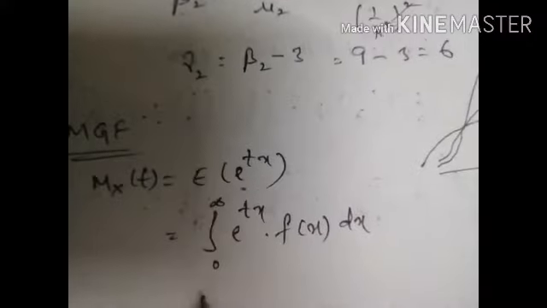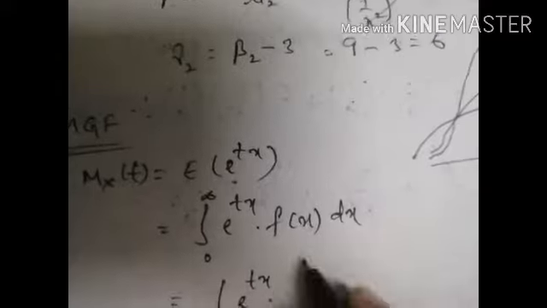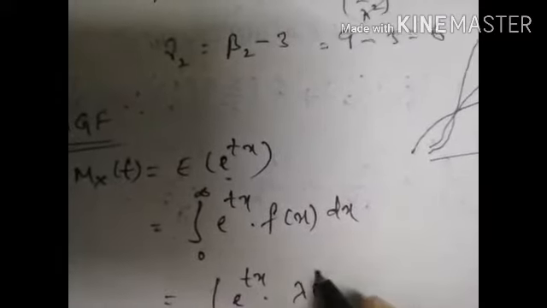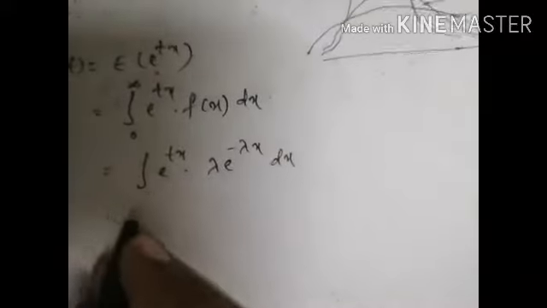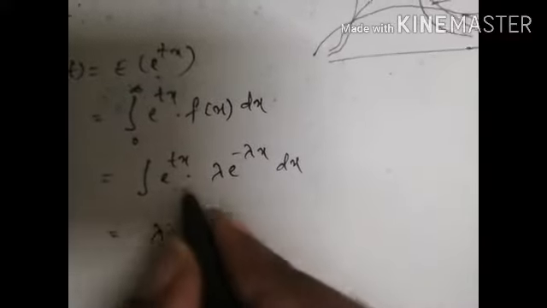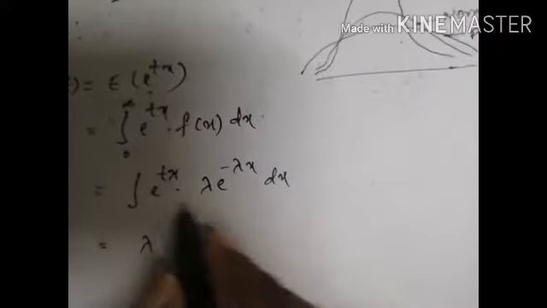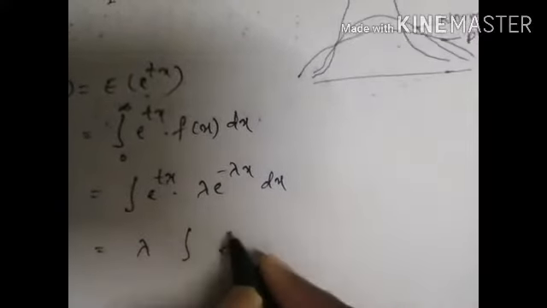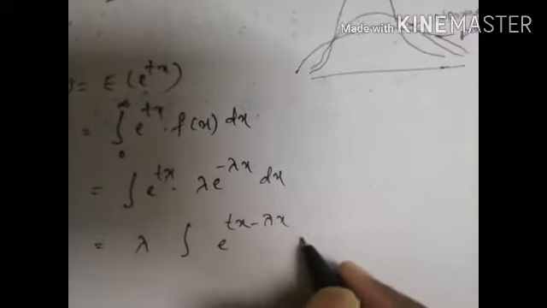What is f of x? Lambda into e to the power of minus lambda x dx. Then lambda is a constant, so write it outside. e to the power of tx and e to the power of minus lambda x both have the same base, so powers should be added: tx minus lambda x, dx.